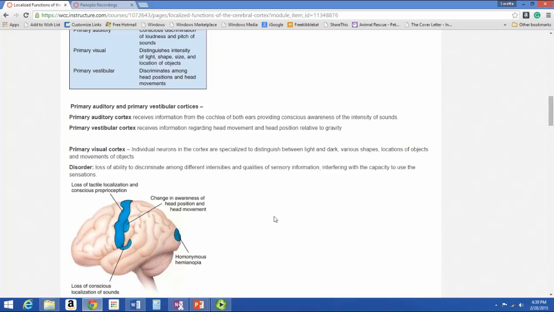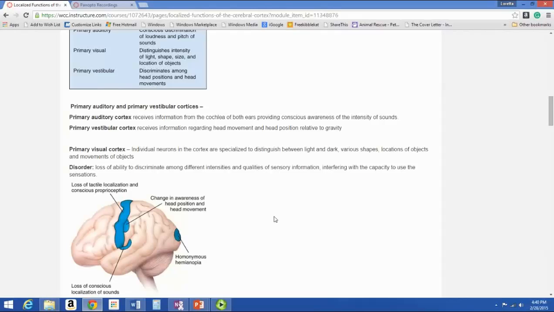Primary vestibular cortex receives information regarding head movement and head position relative to gravity. Same thing, conscious awareness through the thalamus. In primary visual cortex, individual neurons are specialized to distinguish between light and dark, various shapes, locations of objects, and movement of objects. So they're individual neurons just to detect those individual things, which is kind of cool.